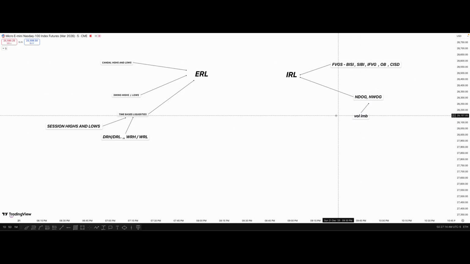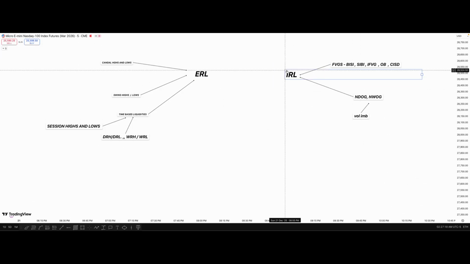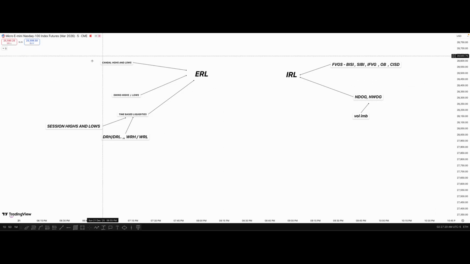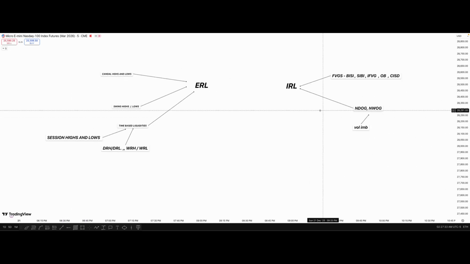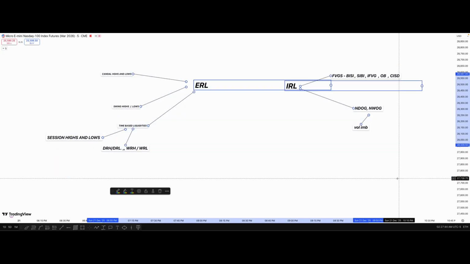These things will come under internal liquidities, and all of these things will come into external liquidities. This is the simplest way to understand what we can denote at what, right? So now let's understand the core concept of how the internal liquidity or the external liquidity plays out in the markets, all right?